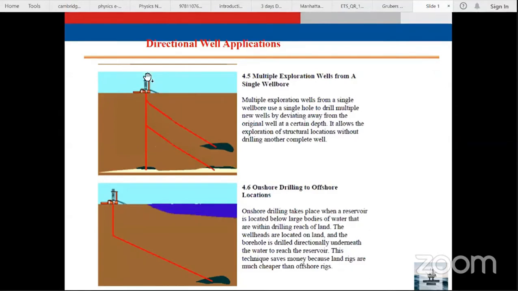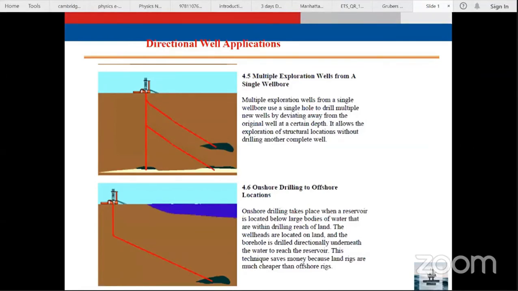As in this conventional setup, we have 1 rig here, 1 rig here and 1 rig here, so it will take a lot of time and a lot of cost. In directional drilling, I can start from 1 location and drill this target, and then this target, and then this target, in 1 time and using 1 hole. This saves a lot of cost, a lot of money, a lot of effort, and gives more information about the wells and the hydrocarbon accumulation in the reservoir.